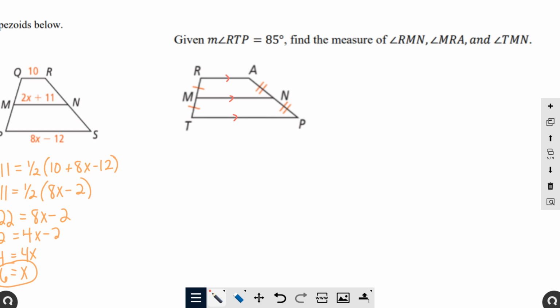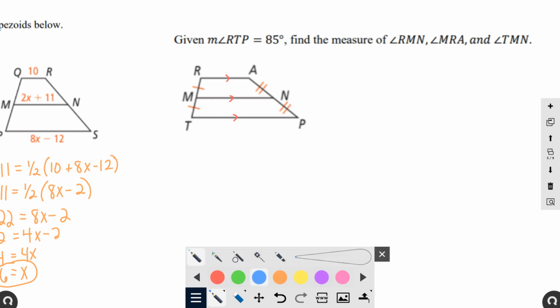And if you have parallel lines, you have things like we had last week, which were 4 types of angles. We have alternate interior angles, alternate exterior angles, same side supplementary, same side interior angles. And the last one starts with a C, corresponding. There we go. Those are going to play into what we find here for our different angle measurements.